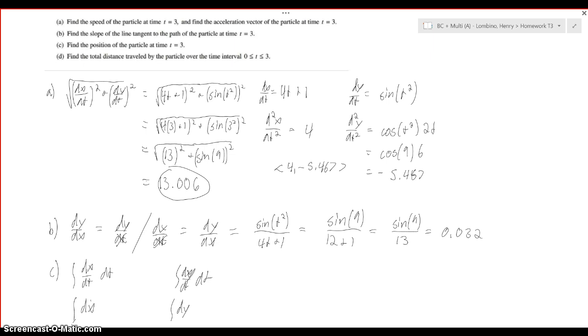You can solve this using your calculator, and you've shown them that you know what you need to do. You actually don't need to show the actual work of finding the integral. They're just looking for the answer to the problem. So you can just plug this into your calculator using fnInt, and you will find it out. Okay, so let's do that.